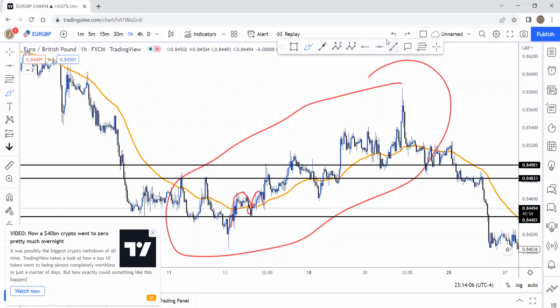Using the EMA lines with your support and resistance is one of the greatest technical analysis tools in my opinion, because I use it a lot. I use the 50 EMA and 200 a lot.